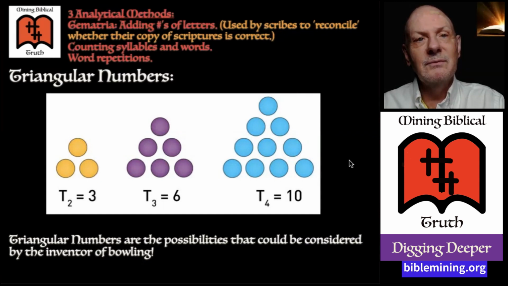So when you add 3 to 3, you get 6, and it's sort of like bowling pins. You can make a triangle out of it. So you can say the inventor of bowling had these possibilities. He could have had 3, 6, or 10 pins.